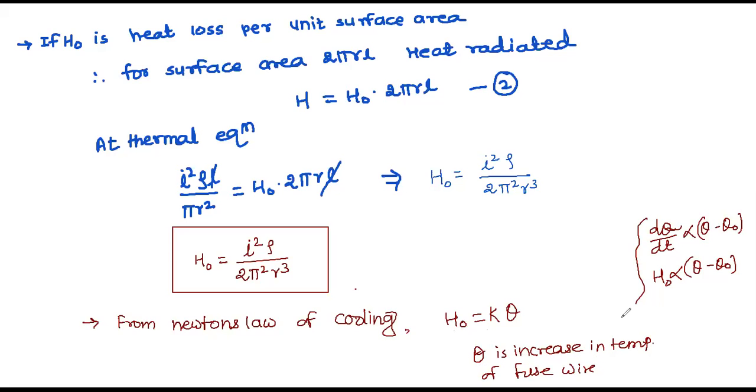Now what will we do? We will equate this. H naught is equal to K theta. This is your equation number 3 and this is your equation number 4.